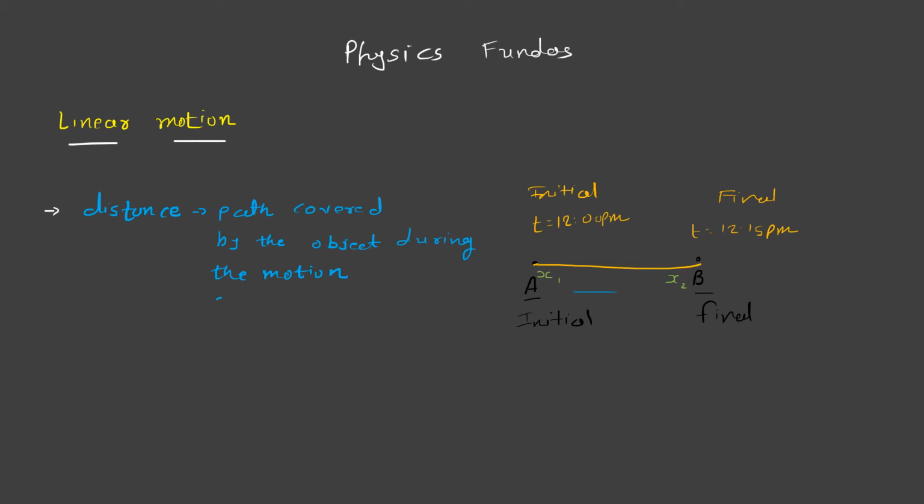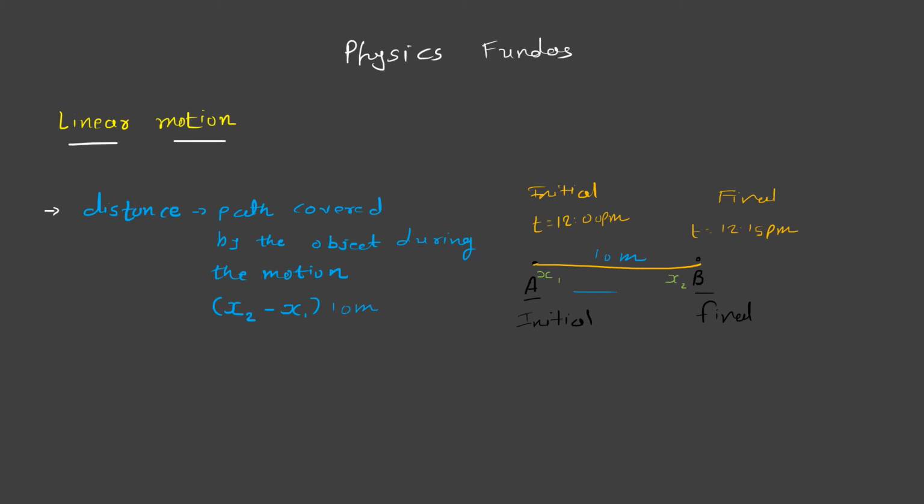Here, initially it was at a point x1 and finally it reaches point x2. So the distance covered is going to be x2 minus x1. Suppose the distance between the 2 points is 10 meters. So here x2 minus x1 leads to 10 meters. That is the whole concept of distance.